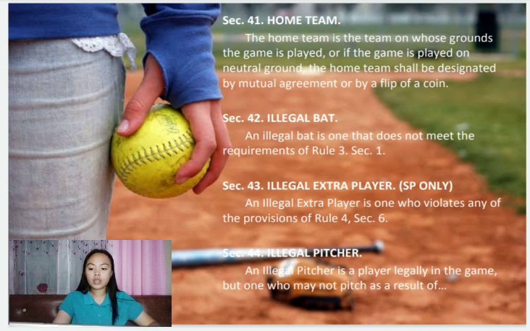The home team shall take the third base dugout and play defense first. Next section is section 42, the illegal bat. Ang illegal bat is one that does not meet the requirements in Rule 3, section 1, so we will discuss it later.